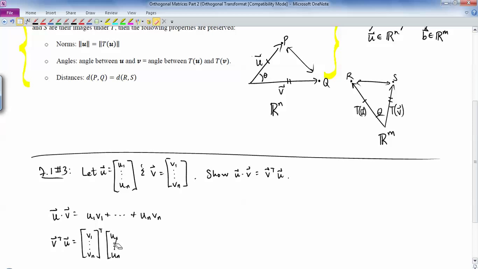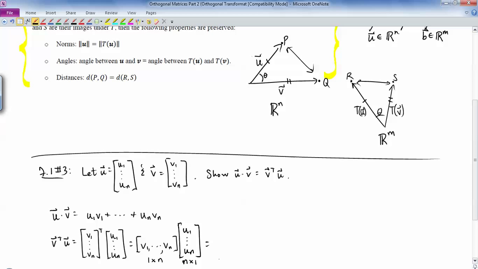And the reason we can say just times is because if I turn the V vector sideways, so I take its transpose, it becomes a row vector that is 1 row by n columns, and then I'm multiplying it by a column vector, u1 dot dot dot un, and that's an n by 1 matrix.